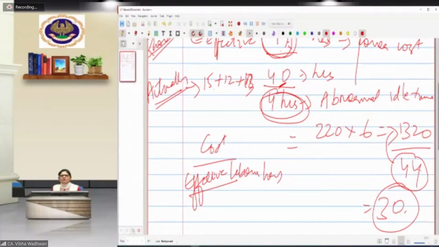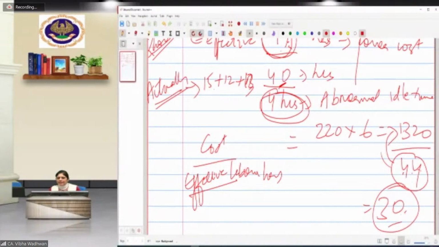We calculate the cost of abnormal idle time, and then that cost is transferred to the costing profit or loss account. We never charge the abnormal idle time cost to production. Clear? So normal idle time cost we don't calculate. It's just that the effective, productive hours will cover the cost of the labor. I hope you have understood this.